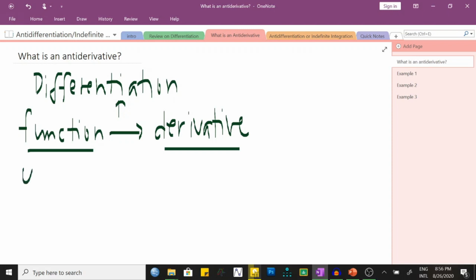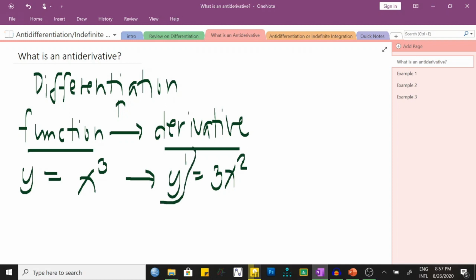For example, in the function y equal to x cubed, the corresponding derivative, as was presented a while back, is 3x squared. By the way, if you are confused why you are seeing y prime here, y prime is just another notation for derivative. Y prime is another way of writing dy/dx. Just an FYI.